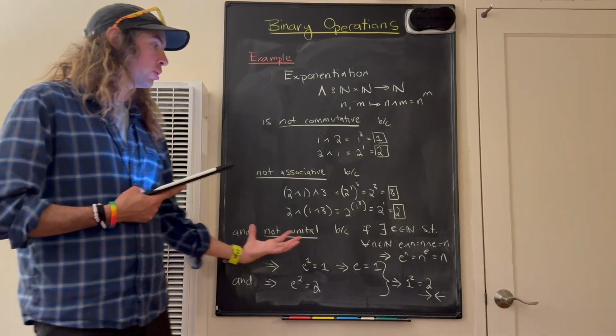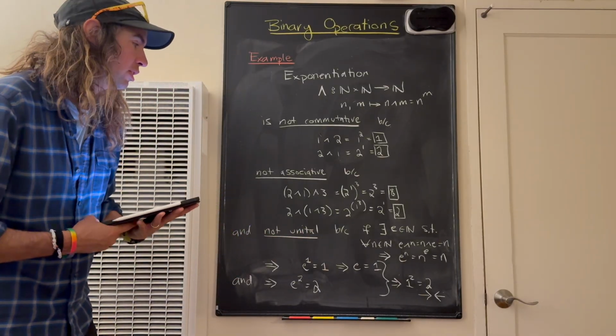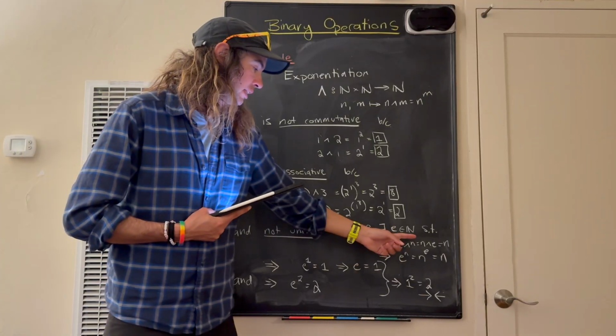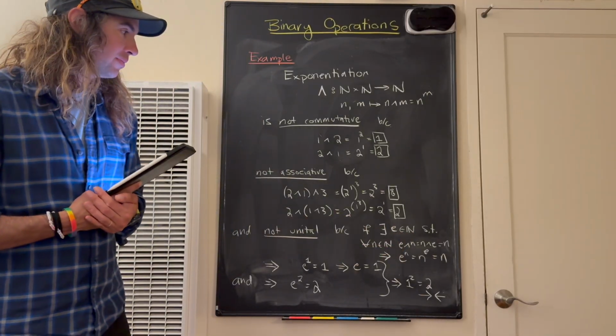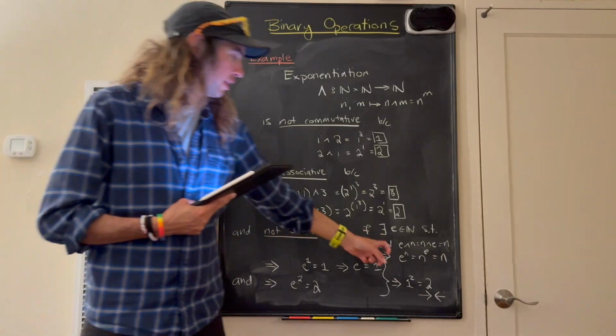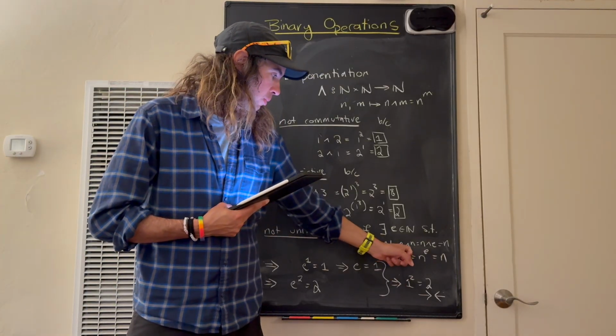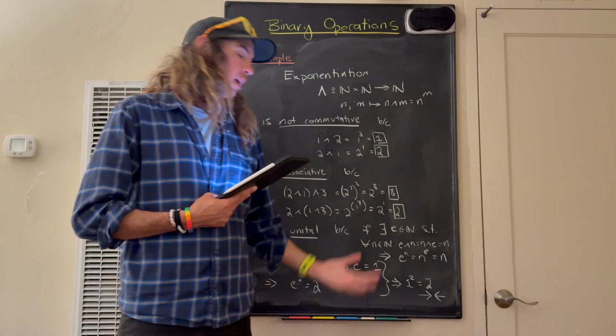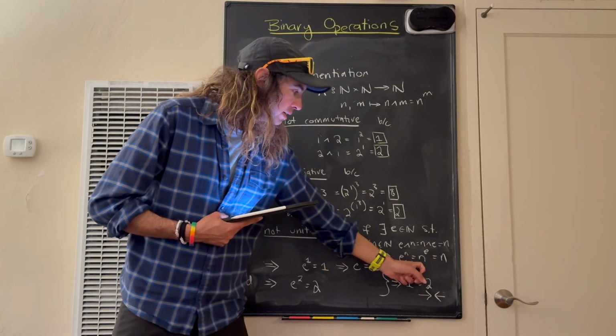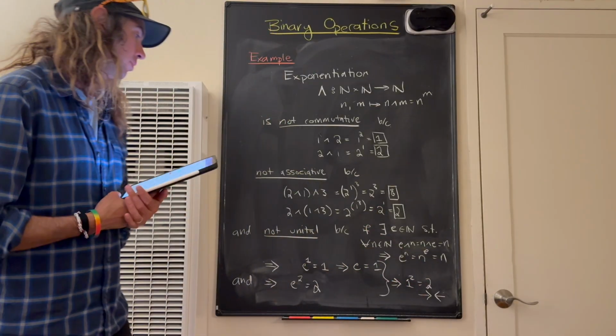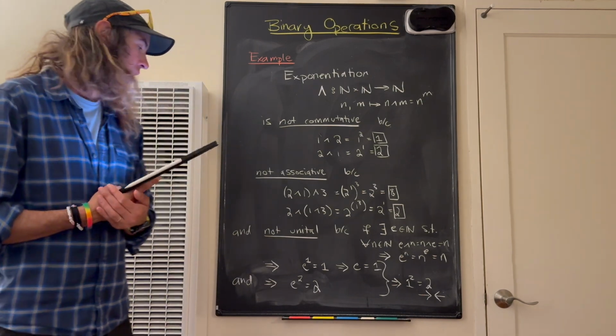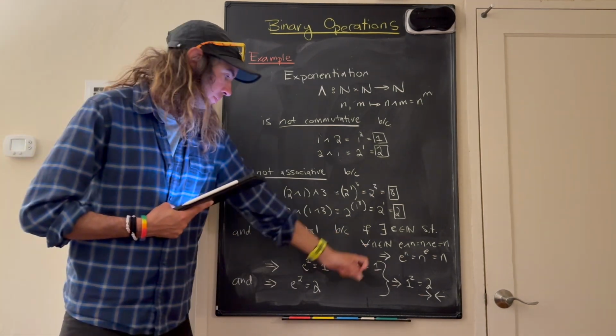And finally, it's not unital, so let's do a fun calculation to show it's not unital. Suppose there existed an identity, e, in the natural numbers. That would mean that e wedge n equals n wedge e equals n. In other words, e to the n is n to the e, which is n. This must be true for all n.